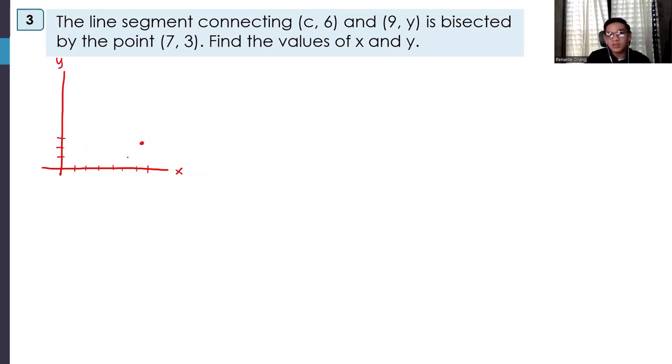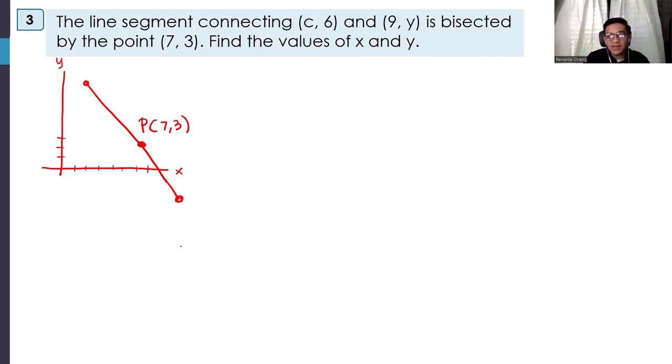Here is the point. There is a line segment connecting (c, 6) and (9, y). Let's just assume the figure looks like this. The line is bisected by this point, which is (7, 3). Ibig sabihin ng bisected, the point is in the middle of the two points that we don't know.